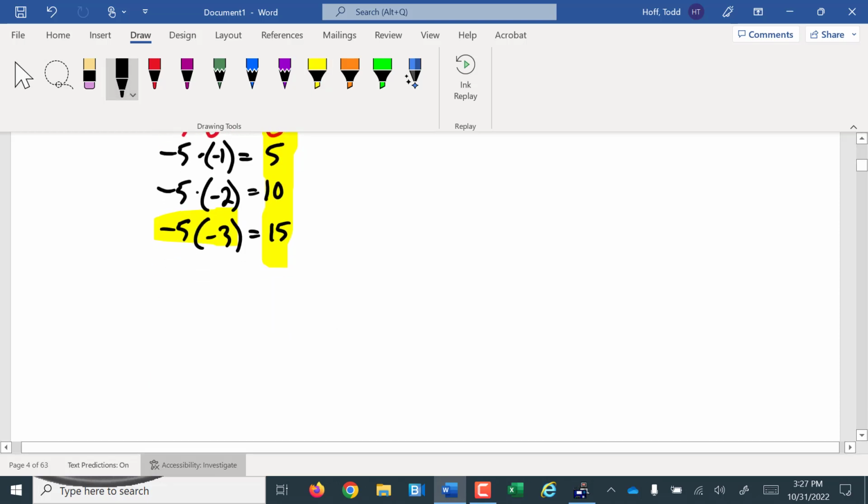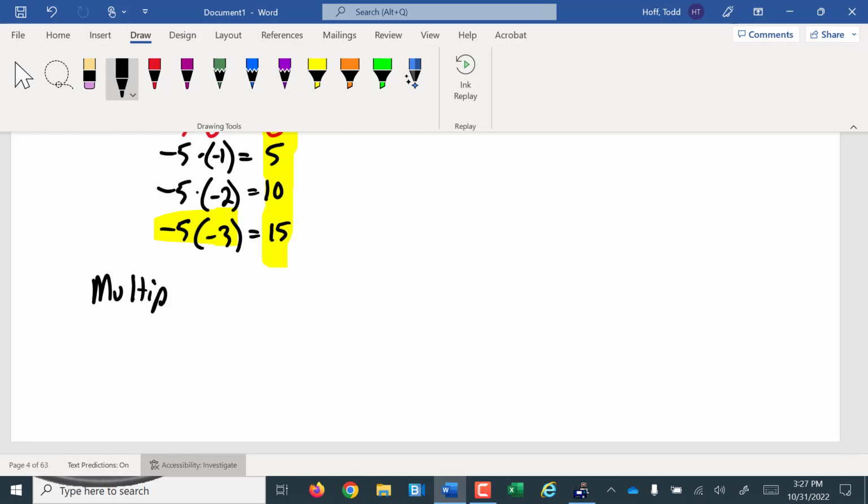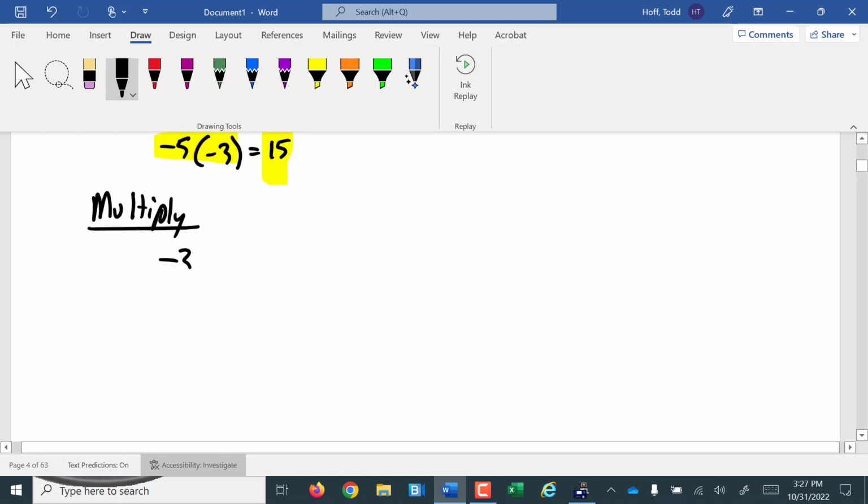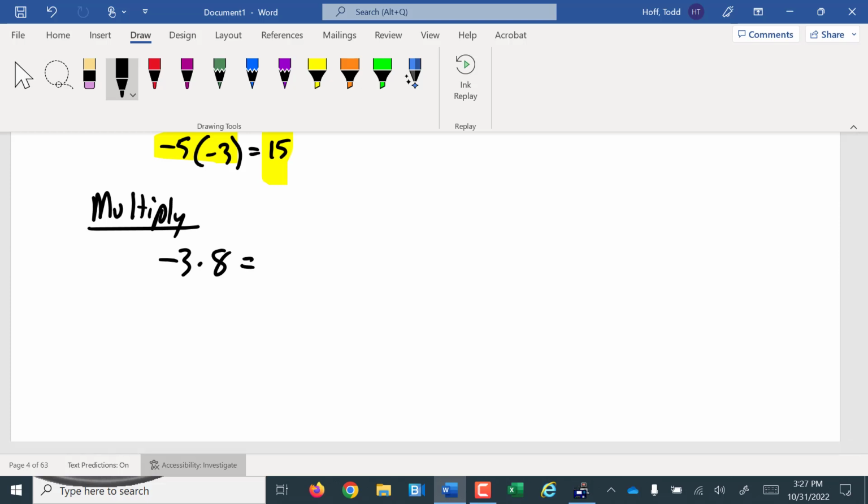So the general rule, if you're multiplying, if I have a negative, like negative 3 times a positive, like 8, my answer is going to be, first of all, positive or negative. Negative, a negative times a positive is negative, and 3 times 8 is 24.